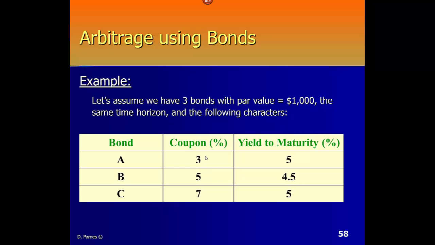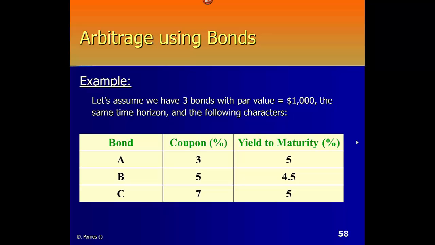So PMT, the payments, are $30, $50, or $70. And Y, the yield to maturity, or I/Y on your calculators, will be either 5, 4.5, or 5. Then you can ask your calculators to compute the present value, the price of those bonds. Then you will understand how much it costs you to buy or sell those bonds on the free markets.